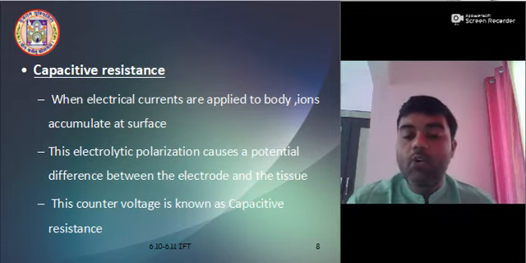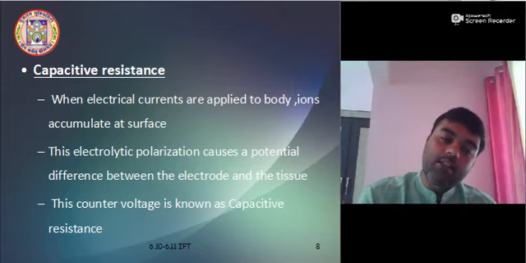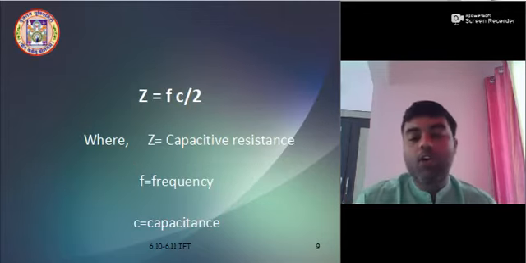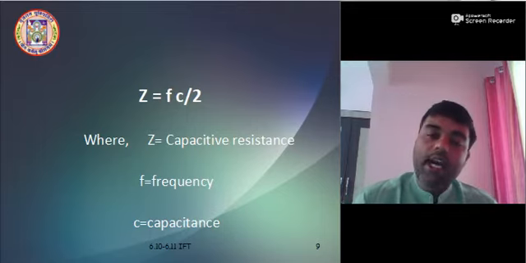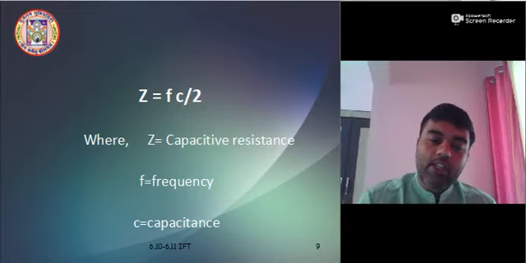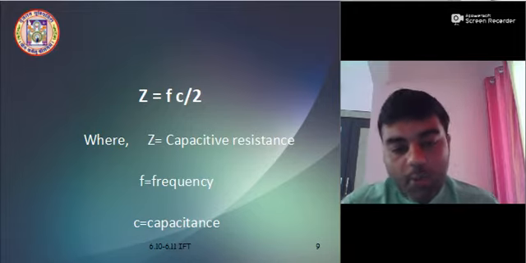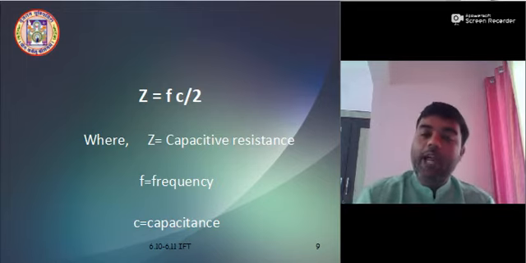This counter voltage is known as capacitive resistance, denoted by Z. Z is equal to 1 upon 2πfC, in which Z is capacitive resistance, f is frequency and C is capacitance. So this is a very simple formula.